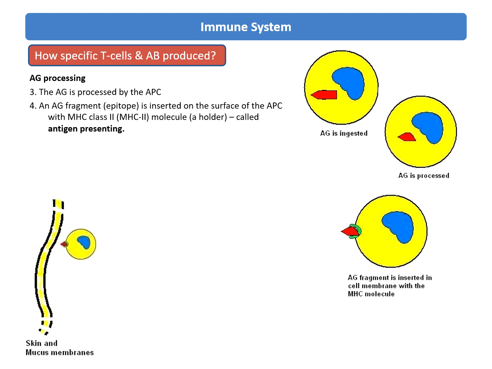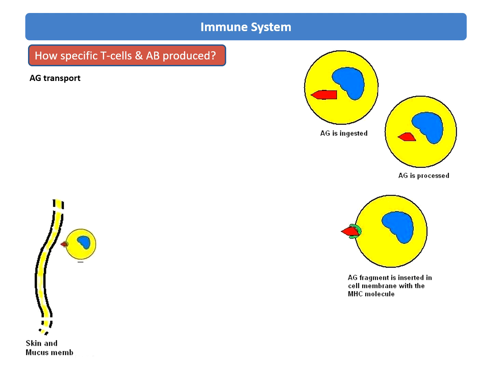It's held in place by an MHC class II molecule. This serves kind of as a holder. This is called antigen presenting. The MHC class I molecules, which are also found in the immune system, are involved more in processing non-foreign antigens, such as tumor antigens.